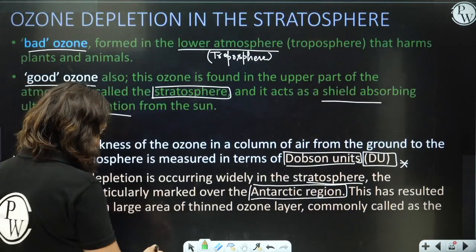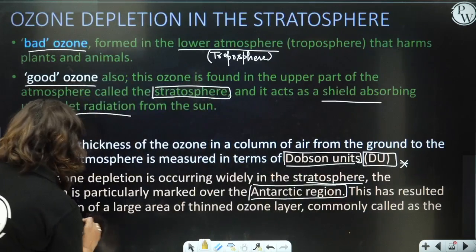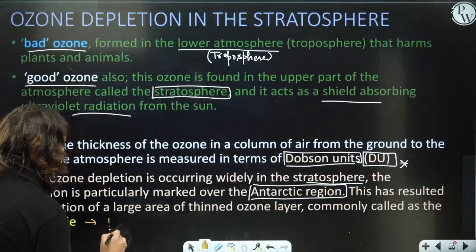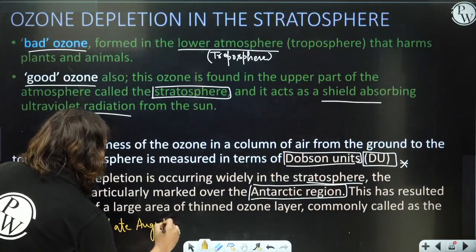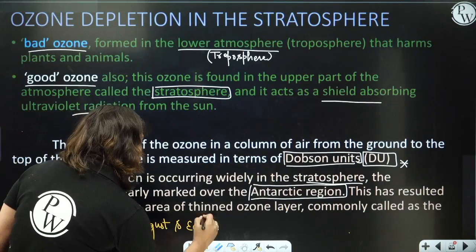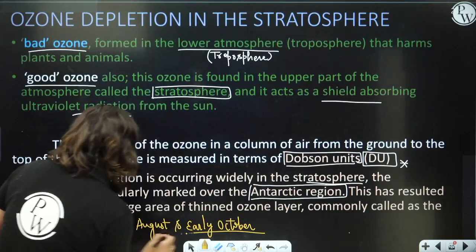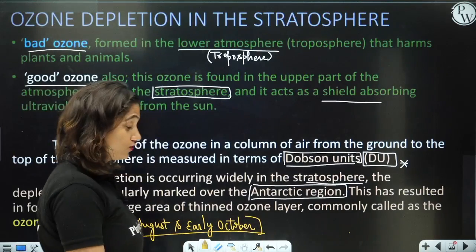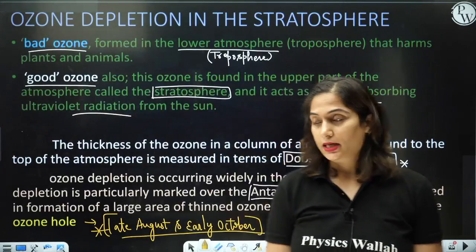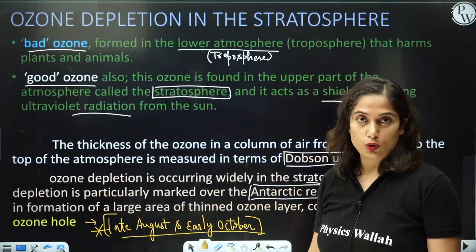So this ozone hole was first reported over the Antarctic region, and this is seen between late August and early October. So ozone hole, that is thinning of the ozone layer in the stratosphere, is seen over the Antarctic region every year between late August and early October.